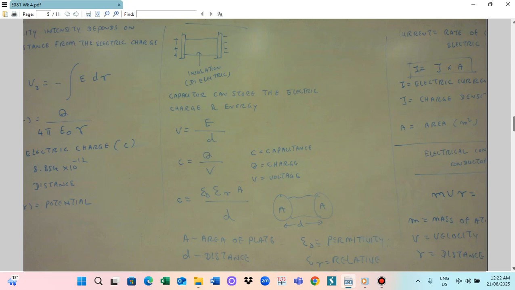So the capacitance value C is equal to E0 ER A divided by D. This means there are two plate areas found in the capacitor. A is the area of the plate, and D is the distance.